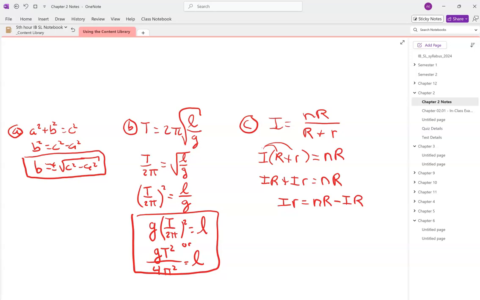Does that feel okay? So now I have the r's on one side. How do I get the r's in one spot, though? I have r in two locations. How do I get it in one location? Yeah, I just do a greatest common factor. So I just factor that capital R off. Now it's gone from two locations to one location. And now I can just divide by the quantity n minus I, and we're good.